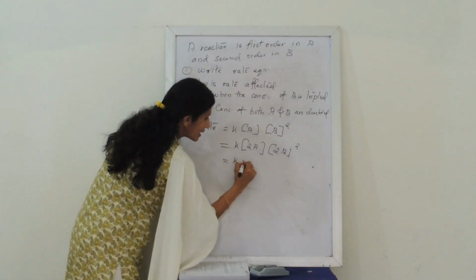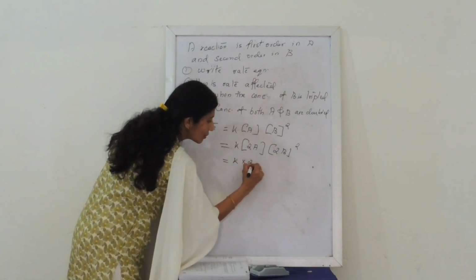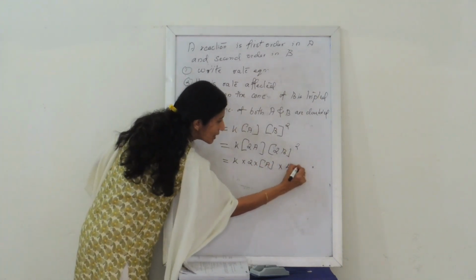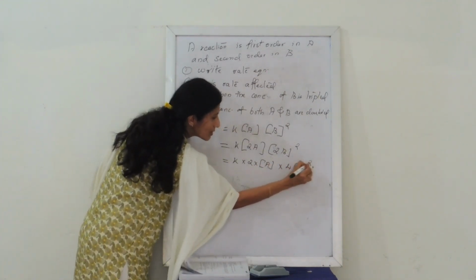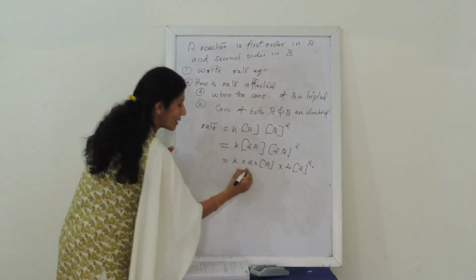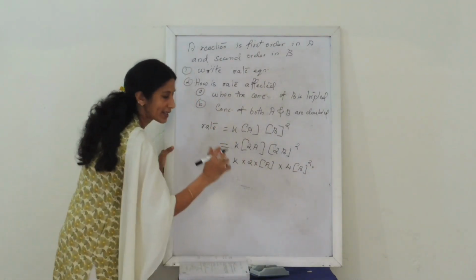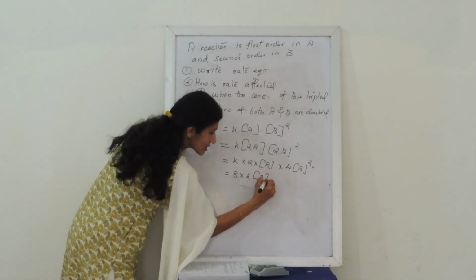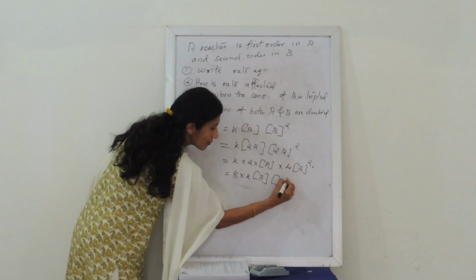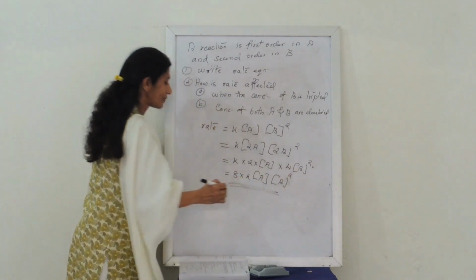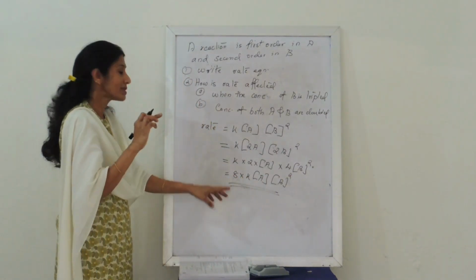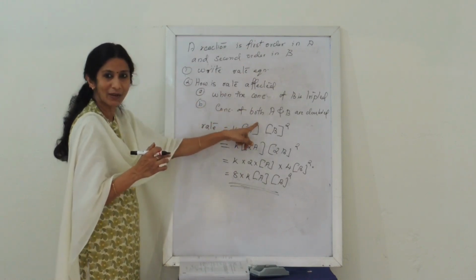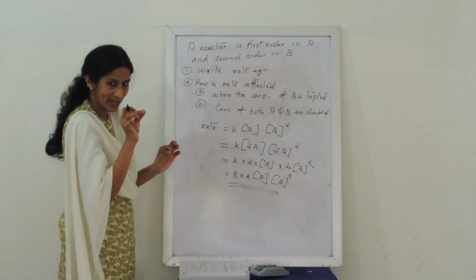K into 2 into concentration of A into 4 into concentration of B to the power 2. റീഅറേഞ്ച് ചെയ്യാം. 4 2 8. അപ്പോൾ 8 into K into concentration of A into concentration of B to the power 2. That means the rate becomes 8 times. 8 മടങ്ങായി മാറും. മനസ്സിലായല്ലോ?